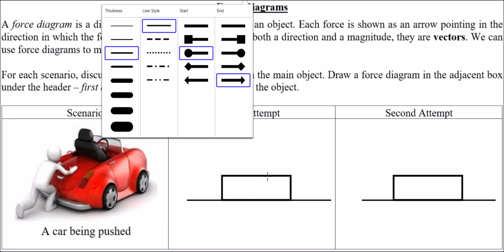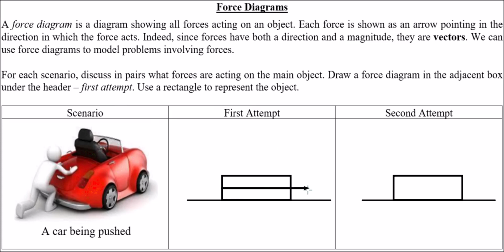Now, I know you might be thinking here that this car's being pushed from behind, and if so, that's fine. We can do the pushing force going this way. So this can be the push from the person, either a man or a woman. So this I'm going to call the pushing force.